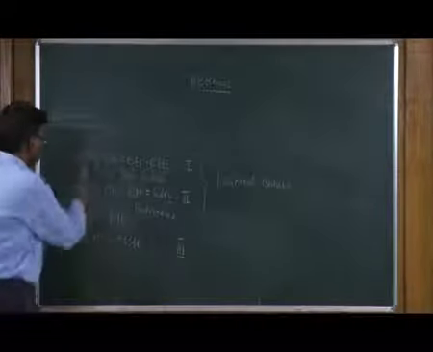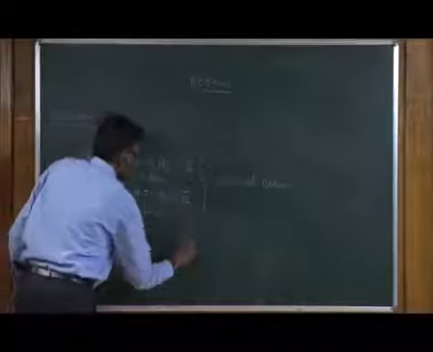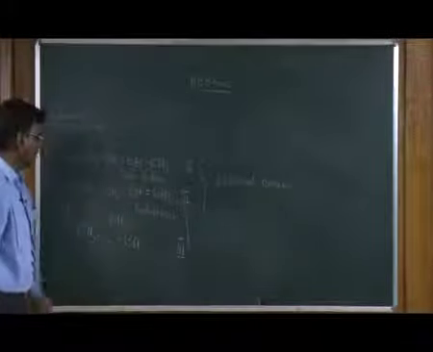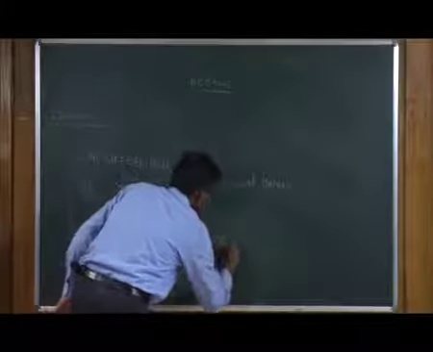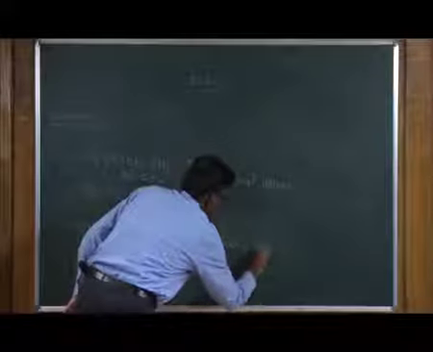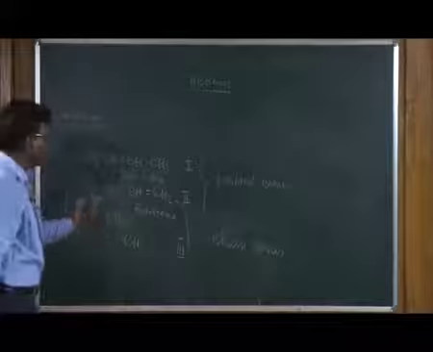And the relation between these two, 1 and 3, 2 and 3, they are called chain isomers. They differ in the chain: one has a branch, another one is linear.